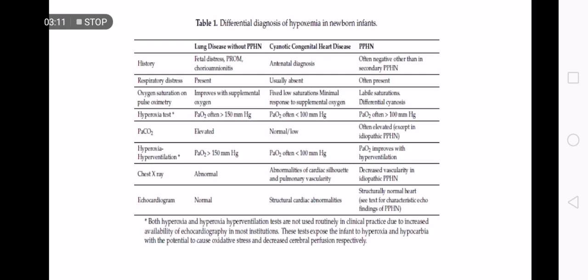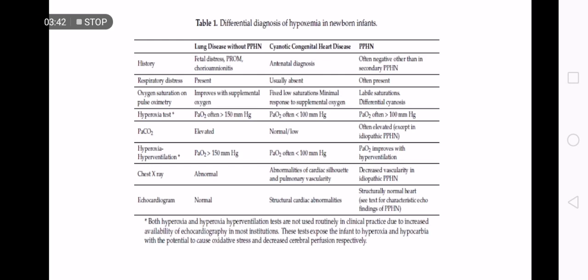The hyperoxia test, which is a must in all cases of neonatal hypoxemia, we have to do. We find that in cases of lung disease, the oxygen saturation increases with the hyperoxia test, and the partial pressure of oxygen in the ABG increases to more than 150 millimeters mercury.